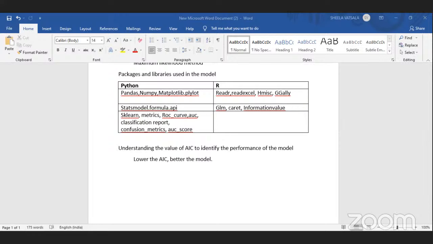Anyone? What is the best method for variable selection? Anyone? Yes.